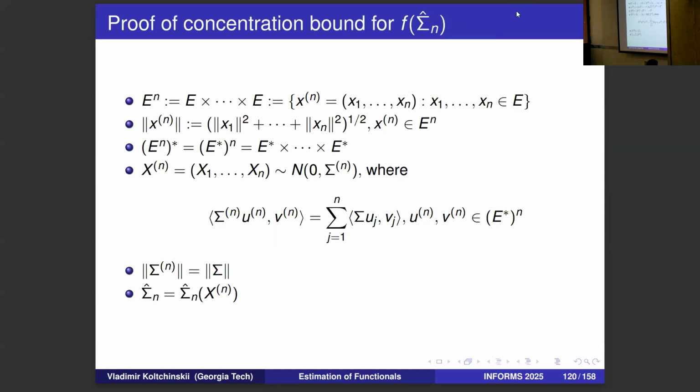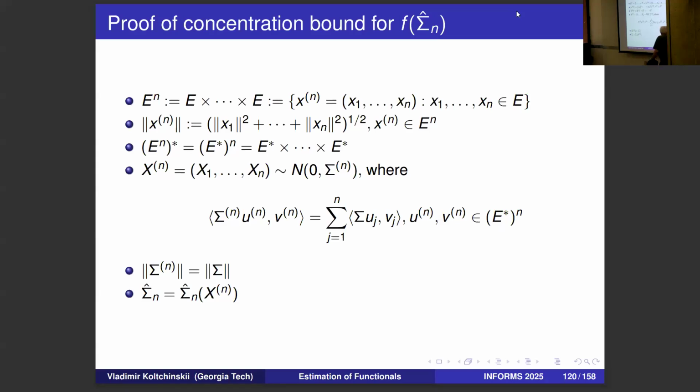Well, I sketched here the proof of this bound. So it's again the same game. It's an application of the basic concentration inequality for a functional of something Gaussian in some Banach space.